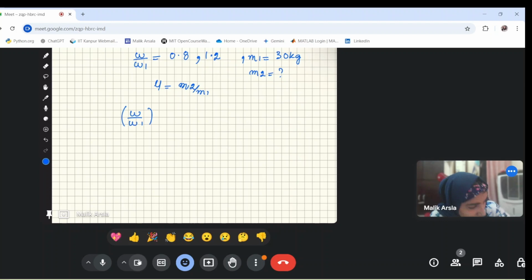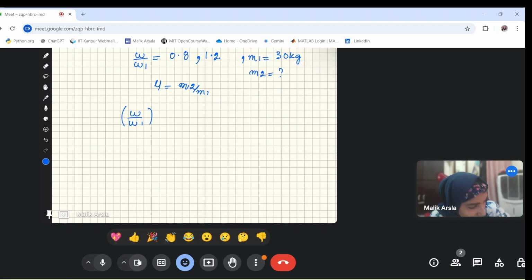It is given that m1 is 30 kg, so m2 is equal to 30 into 0.2. Three twos are 6, so it will be 6 kg. So I think this should be clear.